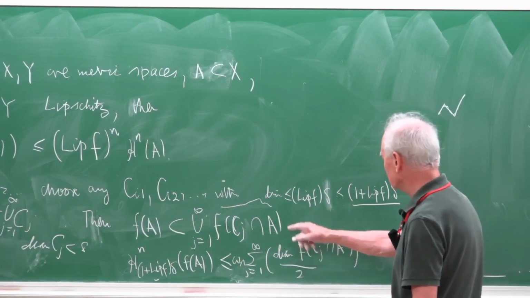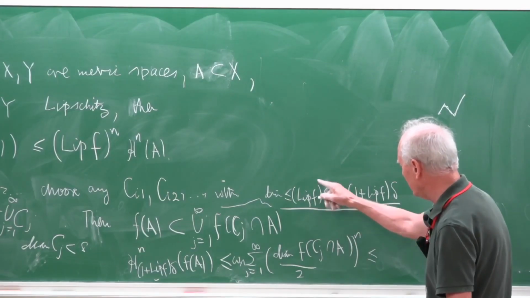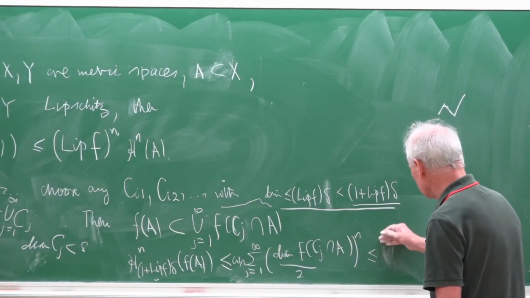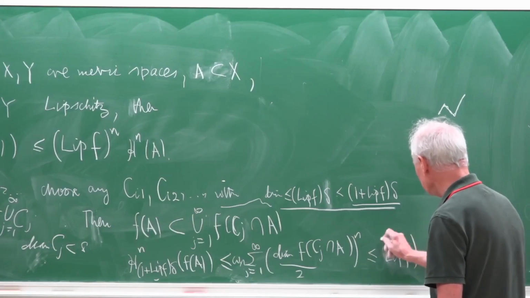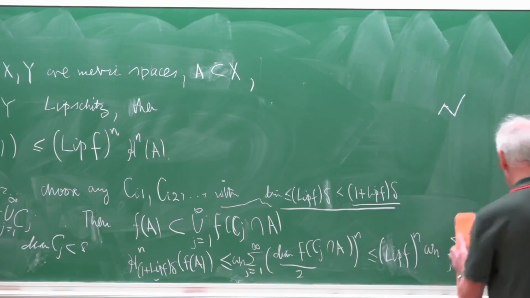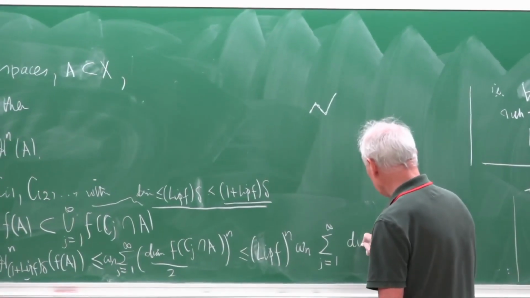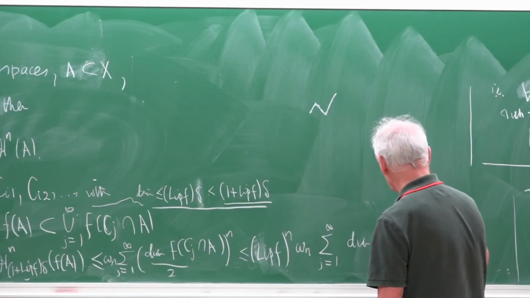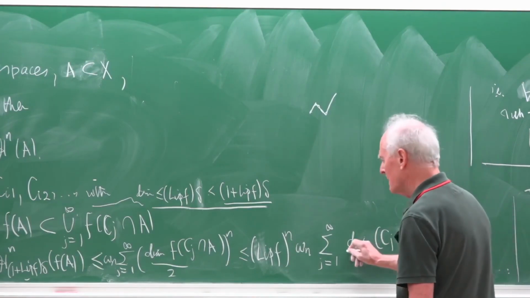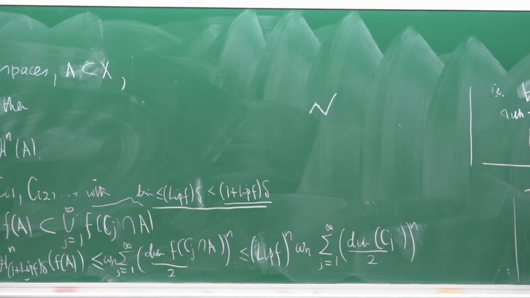But then, as I said, just use this here. So this is less than or equal to Lip F to the nth power, and omega_n is still there, times the sum over j equals 1 to infinity of just the diameters of what's left: diameter of C_j intersect A, certainly less than diameter of C_j, over 2 to the nth.